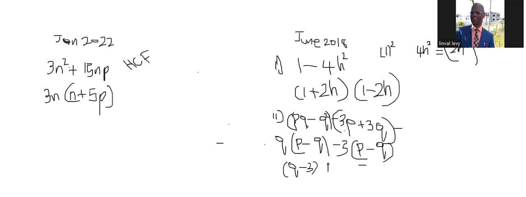Notice that we must have the same thing in both brackets. Good, there you have it. So that's factorization by grouping. Good. That's June 2018.